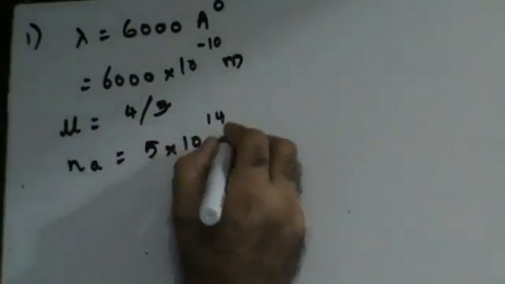Find the wavelength and frequency of light in water if its frequency in air is 5 into 10 raised to 14 hertz.